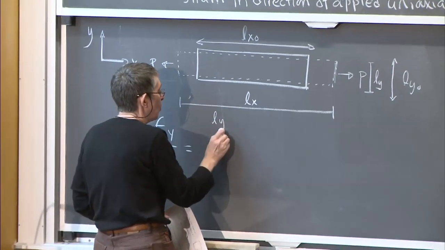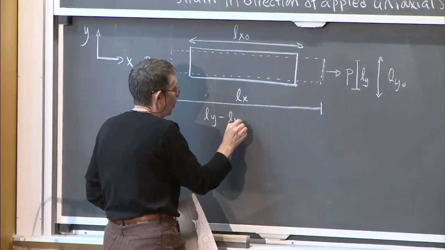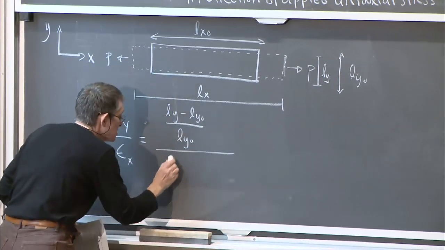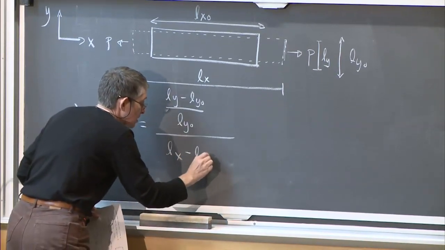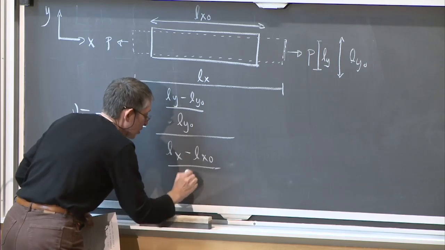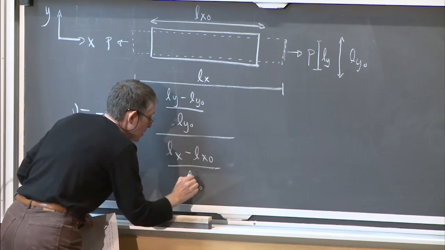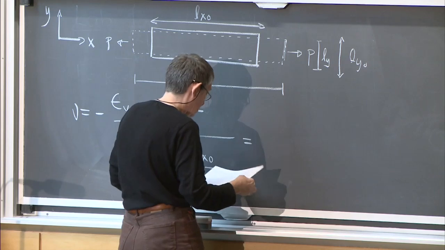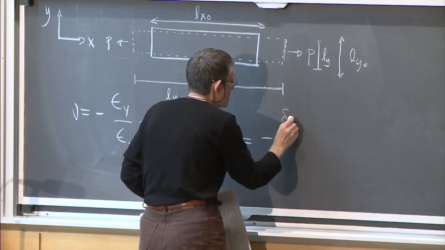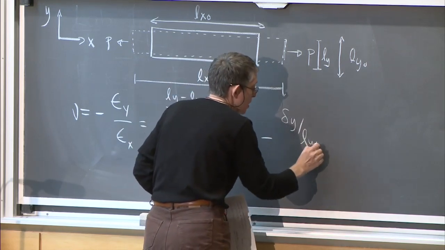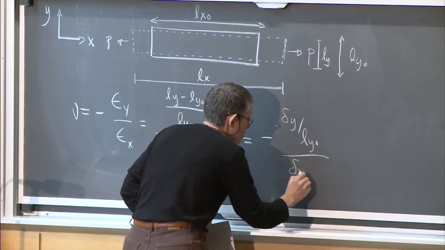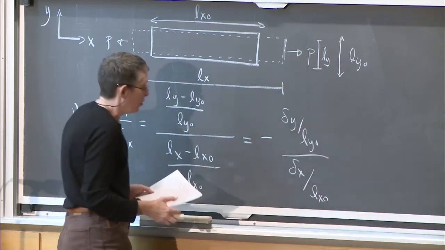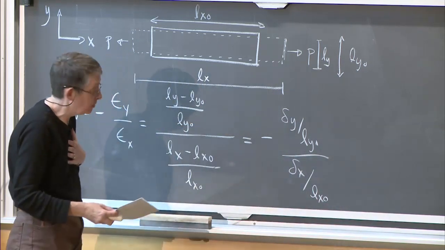So that's Ly minus Ly naught over Ly naught divided by Lx minus Lx naught over Lx naught. Or I could say that's equivalent to minus delta y over Ly naught divided by delta x over Lx naught. Okay?